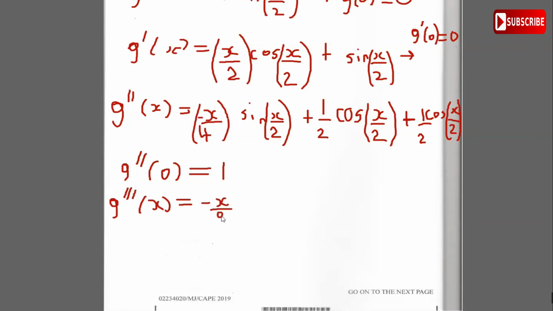So it's really minus x over 8 times the cos of x over 2, plus keep the second times the derivative of the first. The derivative of x over 4 is a quarter, so this becomes minus a quarter sine x over 2.